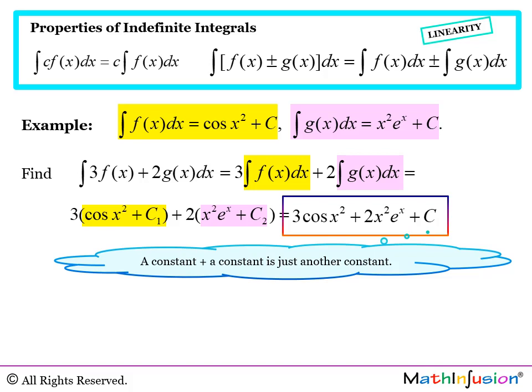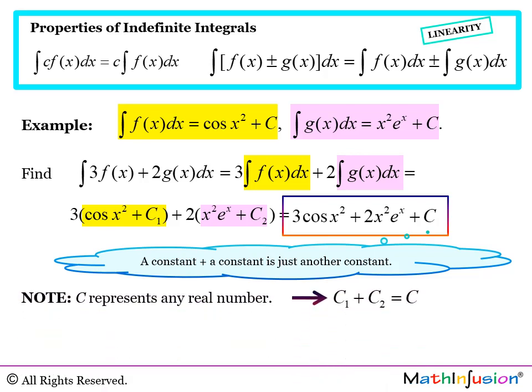Because the constant here can be really any real number, if you add all the real numbers to all the real numbers, you will still get just all the real numbers. So when you are combining those constants from the integration, then any combination of those constants is just c.